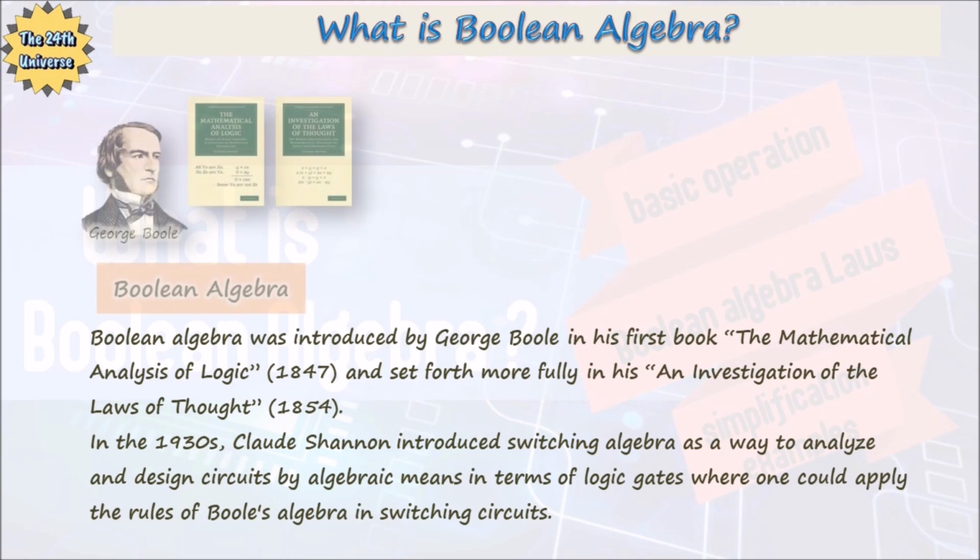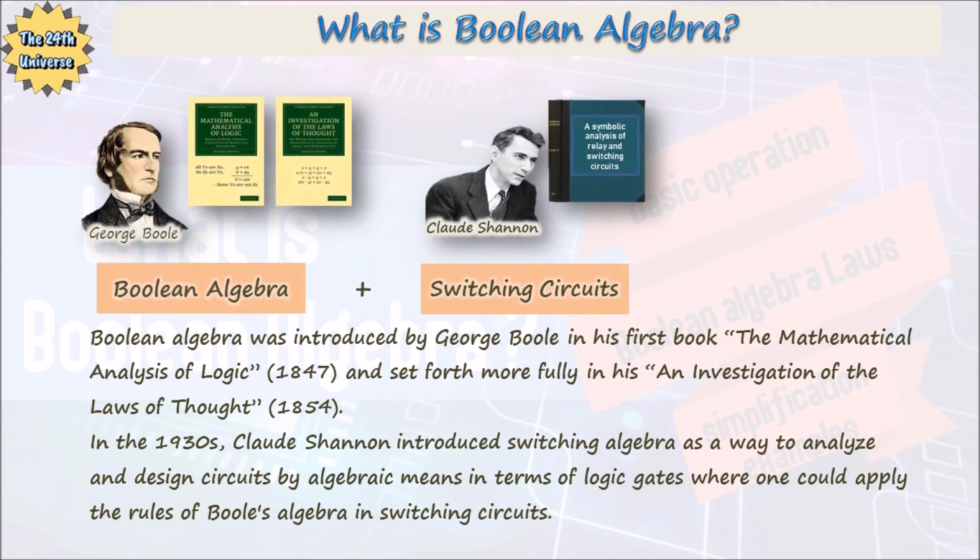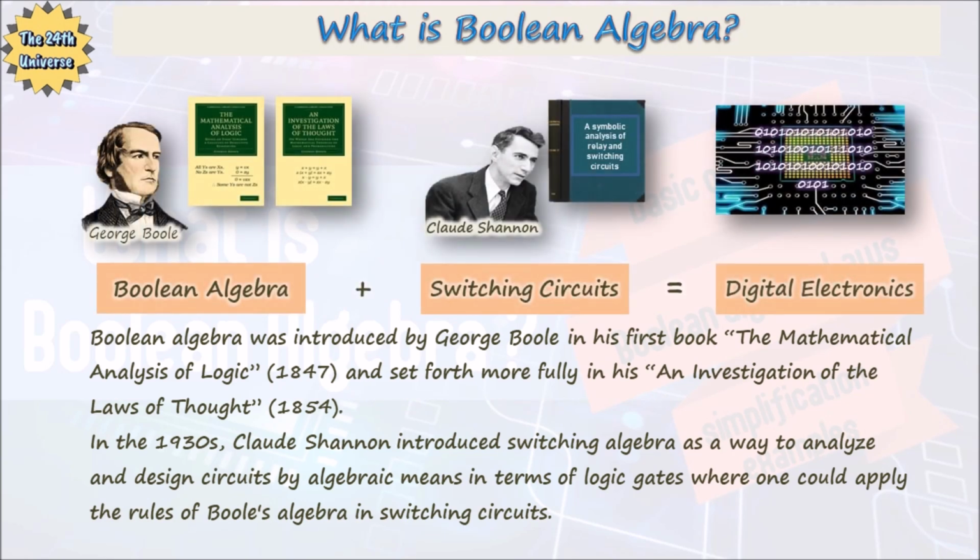Boolean algebra was introduced by George Boole in his first book, The Mathematical Analysis of Logic, that is in 1847, and set forth more fully in his An Investigation of the Laws of Thought in 1854.